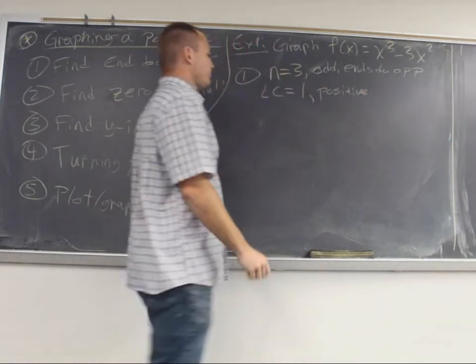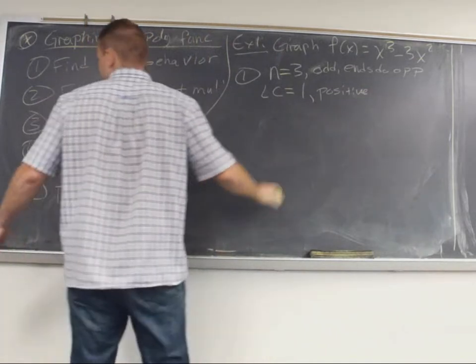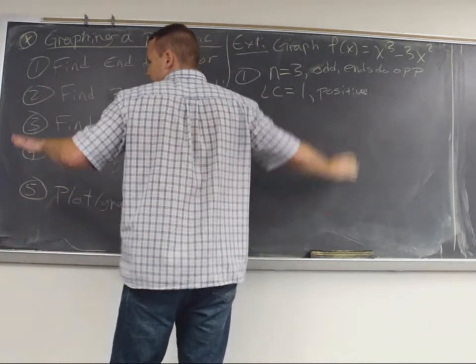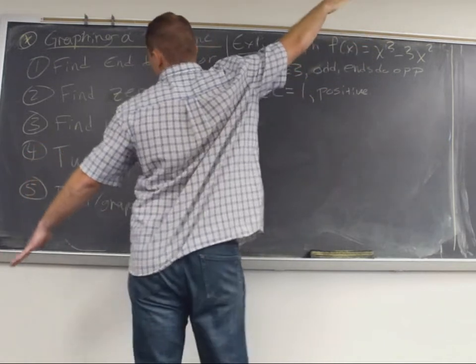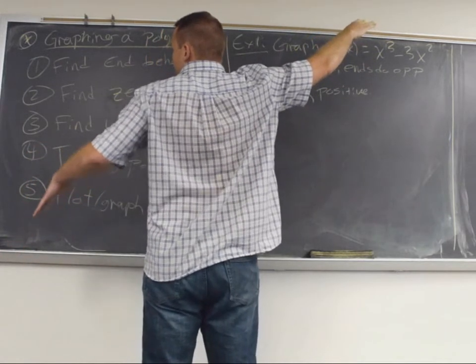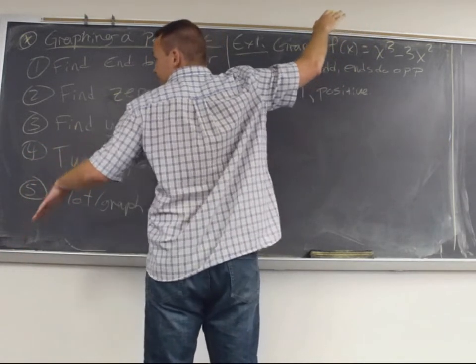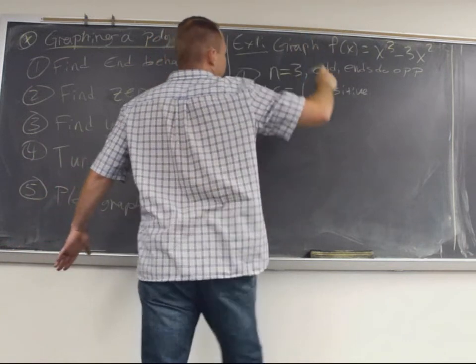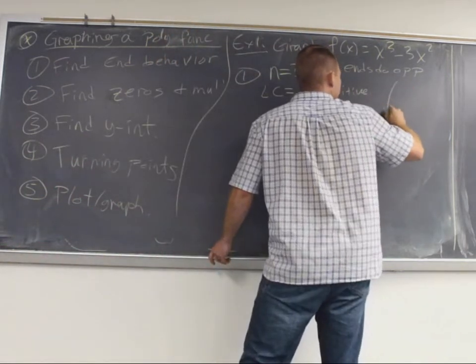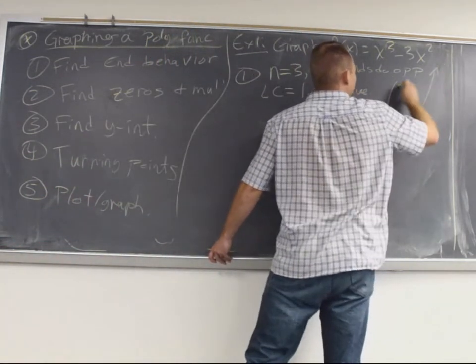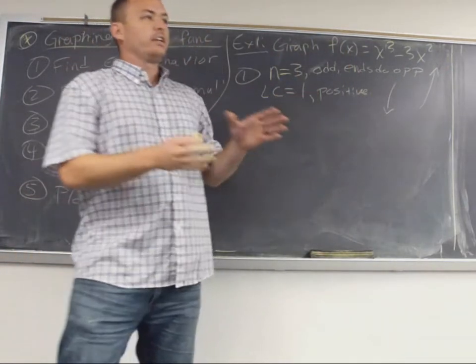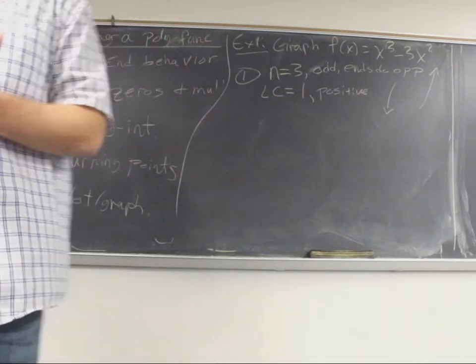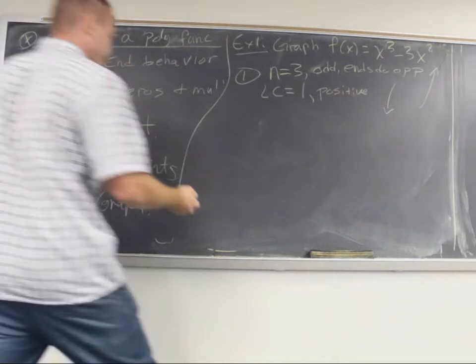So that means the ends are doing opposite, and it's a positive looking function. It's an increasing looking function. So this is how an increasing function would look. And let me move my hand. It goes down on the left and up on the right. So I know it's going to look like down and up. And that will be helpful when we get to the final step and we put everything together.